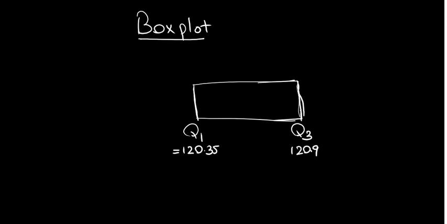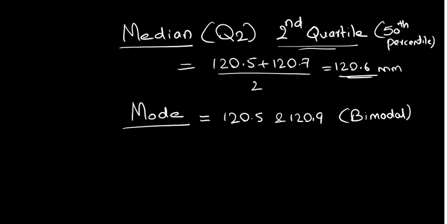And you will have one more vertical line here, which lies in between Q1 and Q3, and that is quite logically understandable. That is the median, also called Q2, and in this case Q2 is 120.6.